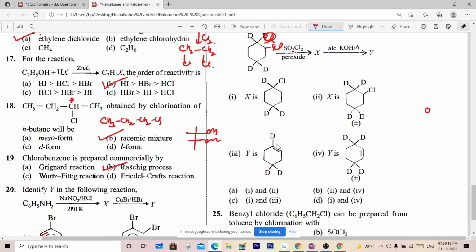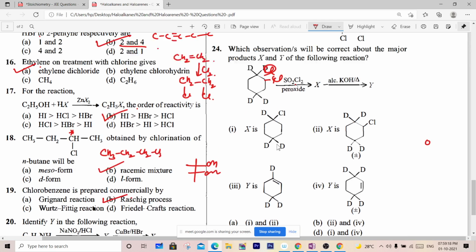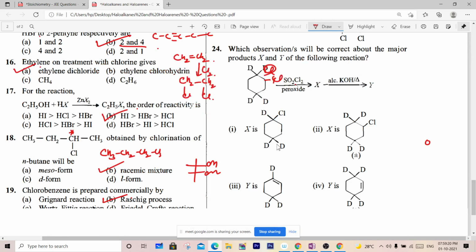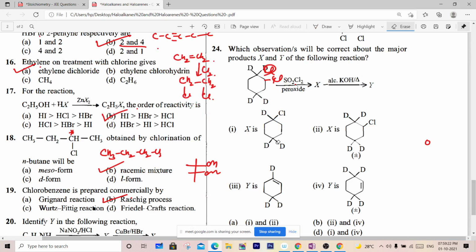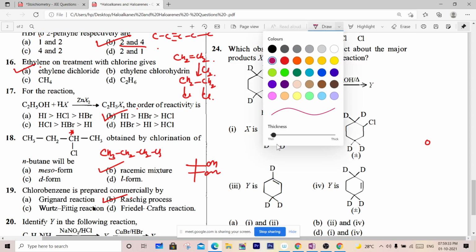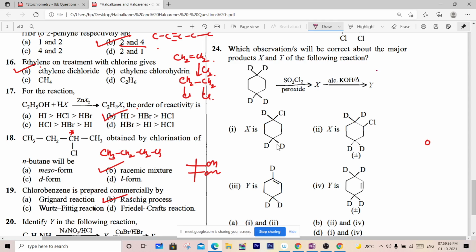Wait. Which hydrogen is to be removed now?